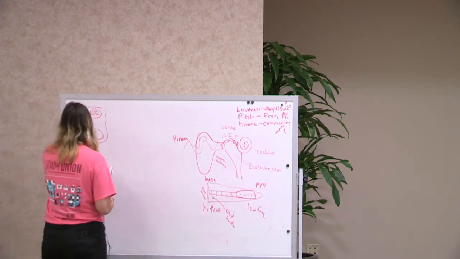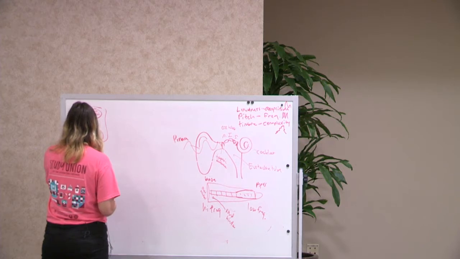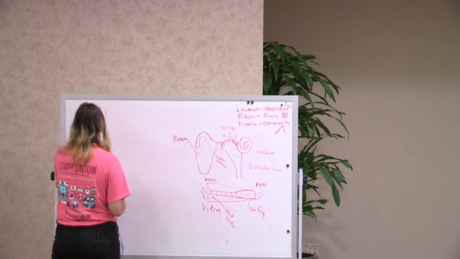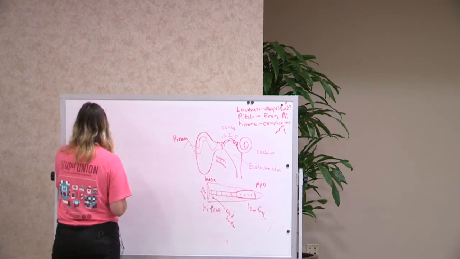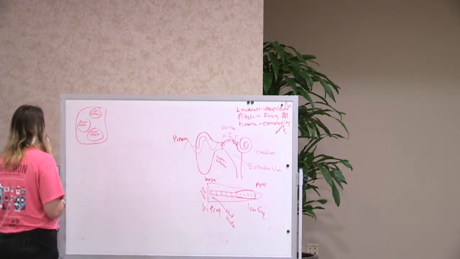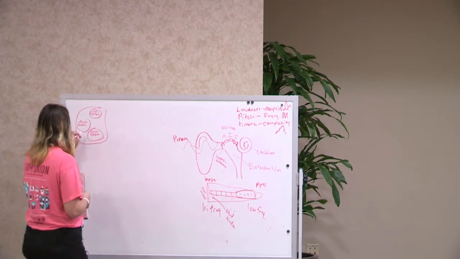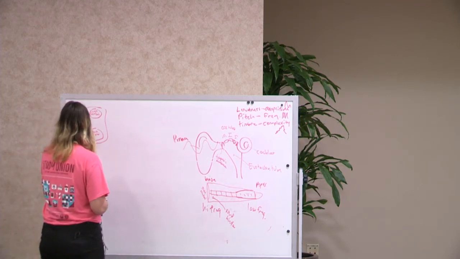In the middle, you have your scala media. And then at the bottom, you have your scala tympani. In your scala media is where you have the organ of Corti, and that's where hearing takes place.